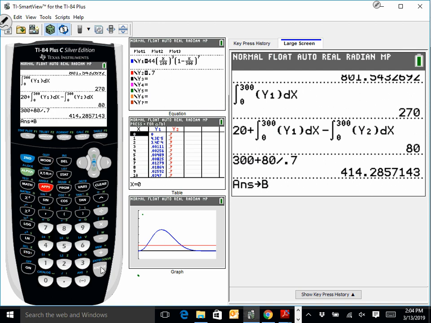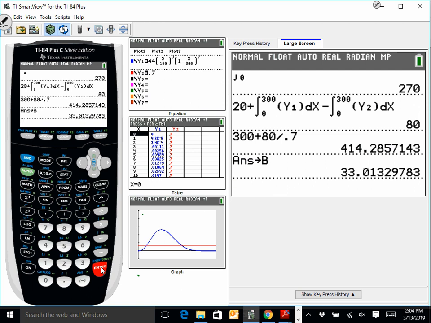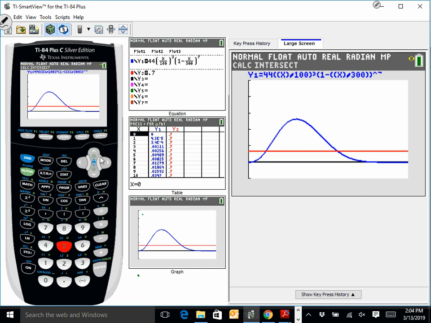Okay, now I need to find that other intersection. So I'm going to just crawl this thing over. Okay, enter, enter, enter.